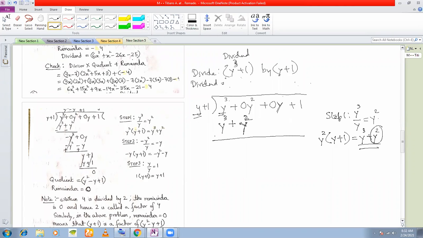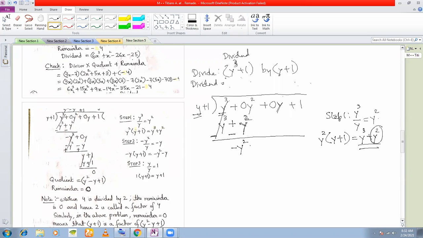So we can leave space also. You can leave space also, no problem. Instead of writing 0 into y square, you can leave space and simply write y square. But it is better if you write 0 into y square. Okay, now if we subtract here, this will cancel. Now 0 into y square is 0, and 0 minus y square will simply give you minus y square, right? You understood? Or any question?